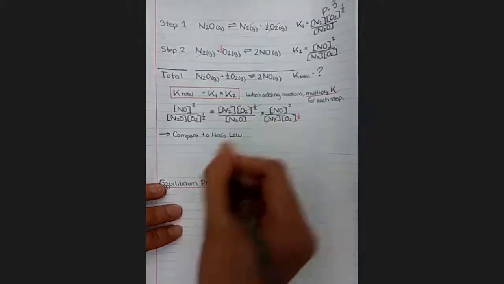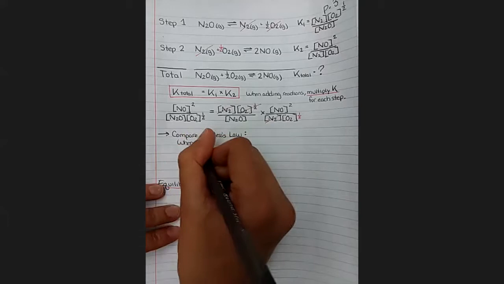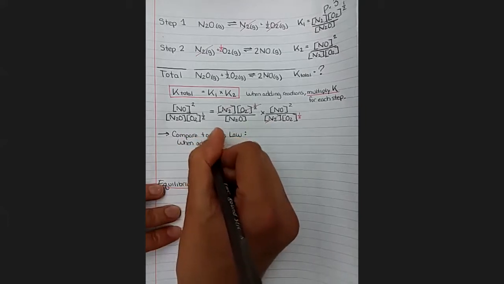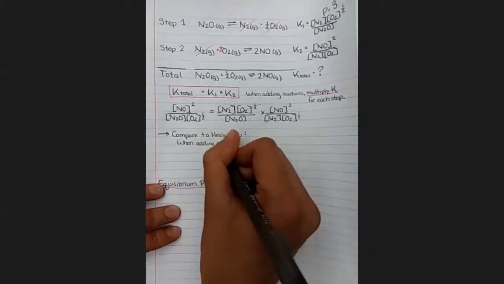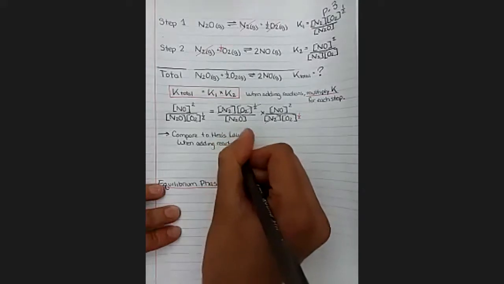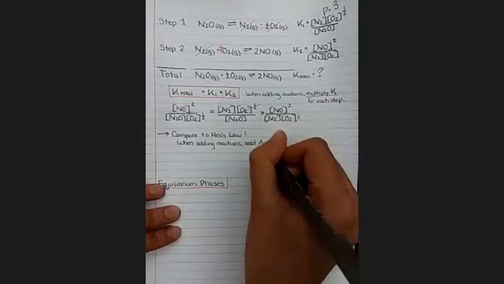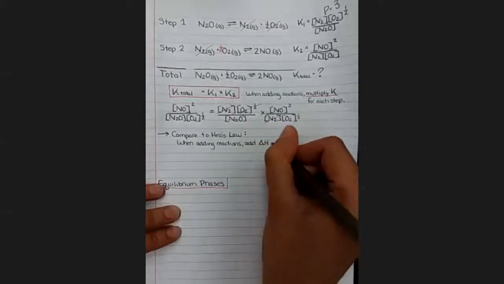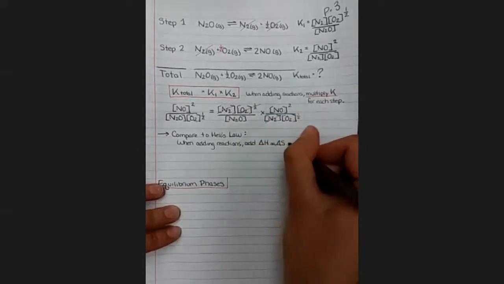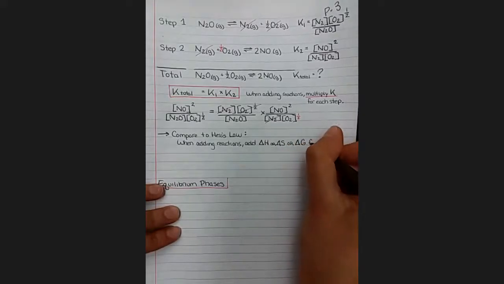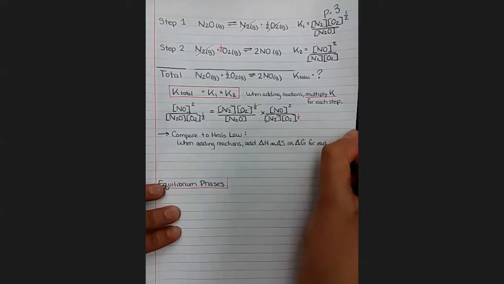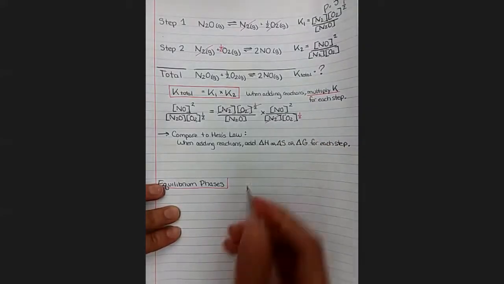In the Hess's law section, we learned that when you are adding reactions together to get a total, we would add our state function, delta H, or delta S, or delta G for each step. And that is not the same as what we're doing here.